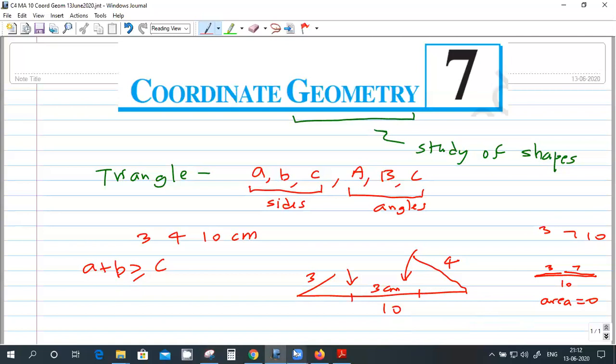To define a triangle, I have to mention sides and angles. Instead of that, I can give a set of points, a set of coordinates. Let me call some numbers: 2, 3, 5, 6, 10, 11.